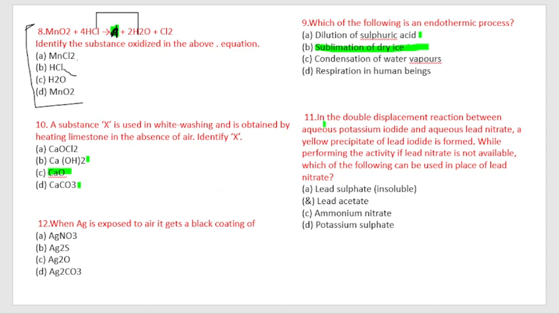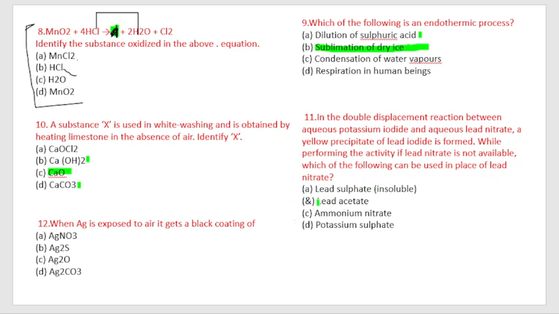Then the 11th one. In the double displacement reaction between aqueous potassium iodide and aqueous lead nitrate, a yellow precipitate of lead iodide is formed. While performing the activity, if lead nitrate is not available, which of the following can be used in place of lead nitrate?